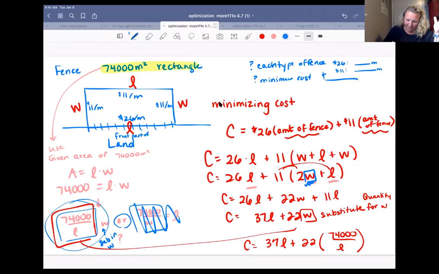You would use the fact that the area was length times width to give you 74,000, and we can plug our length that we found back into this formula, and it'll give us our width.